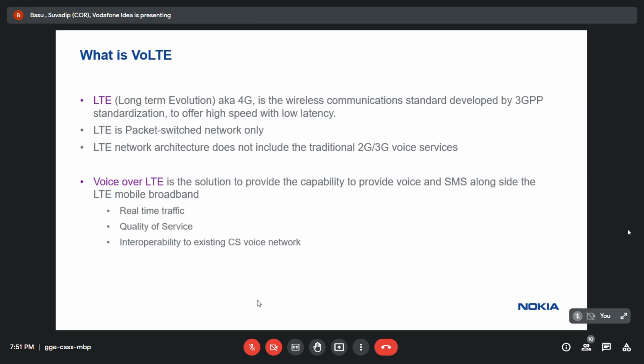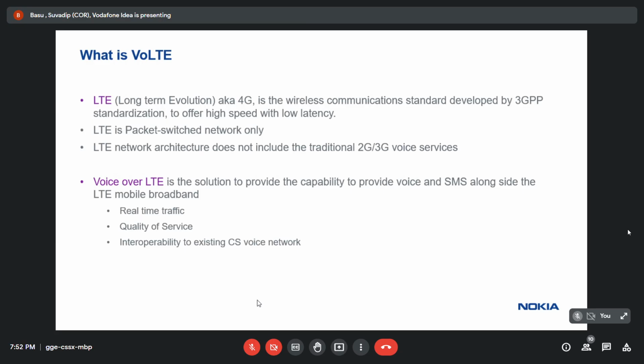So these voice packets will have an RTP header, or real-time protocol header, which directs the routers in the ecosystem to give priority to those packets. The RTP header will indicate that this is a voice packet, so please give it priority.